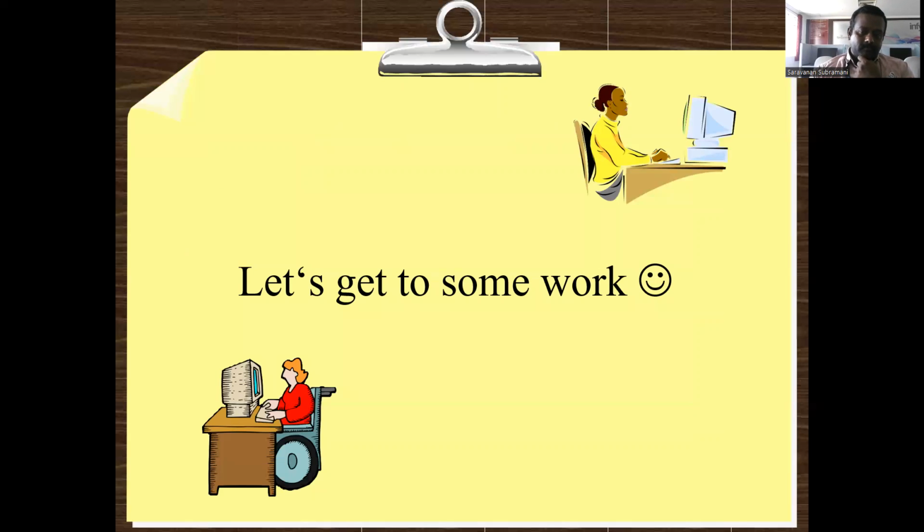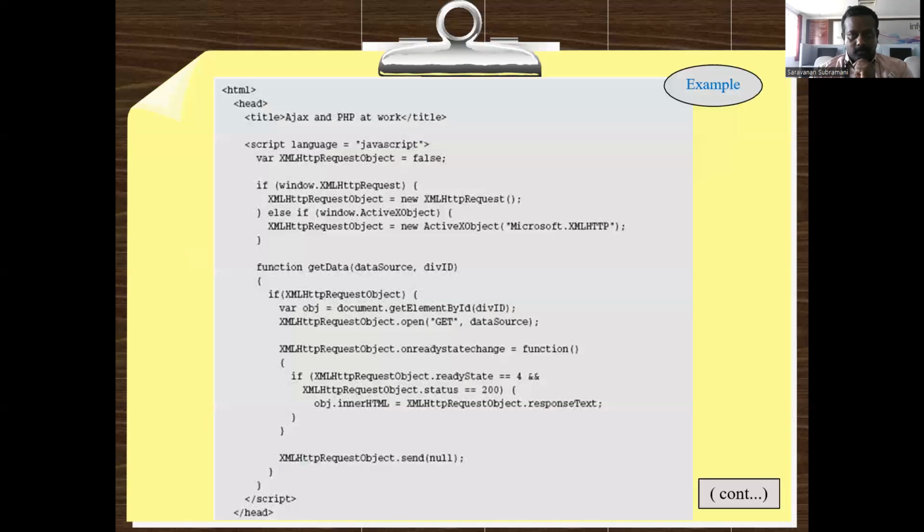So let's get to some work relevant to Ajax now. Here's an example for Ajax. We have to write the Ajax related code inside the script tag within the head tag.